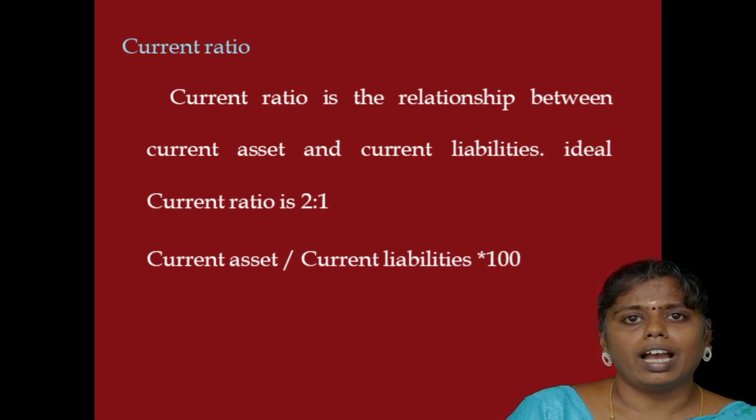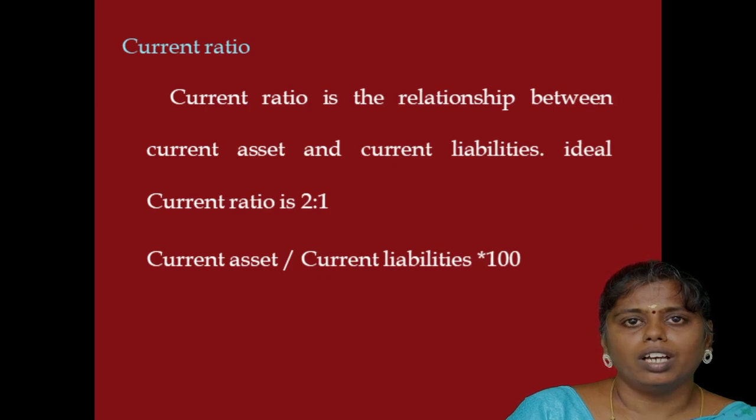The ideal current ratio is 2:1, that is current asset equals 2 and current liability equals 1. If the proportion arises like this, the firm has sound financial performance. So if the answer we find comes to 2:1 proportionately, it means the firm is in good financial performance. The current ratio formula is current asset divided by current liability.